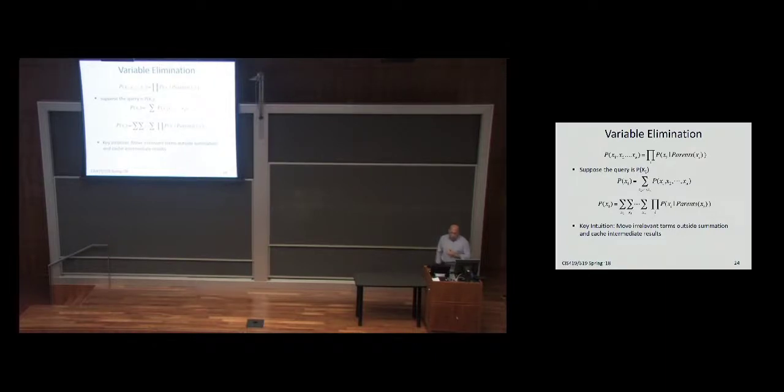What I'm going to do is I'm going to do a marginalization. So if I want to compute p of x1, I'm going to take this joint and marginalize over all the other variables, all the n minus 1 variables. So I'm going to write p of x1 as p of x1 up to xn, marginalizing over x2 to xn.